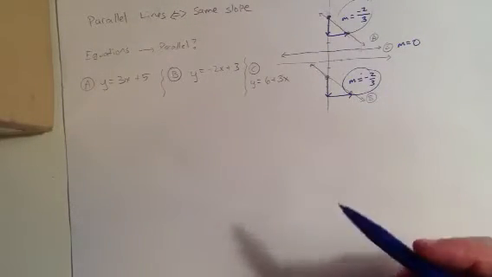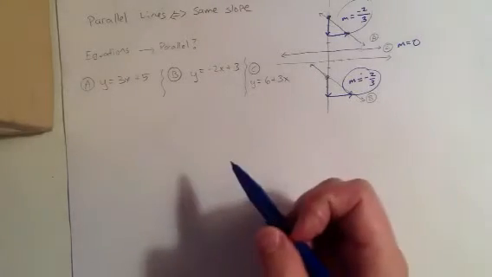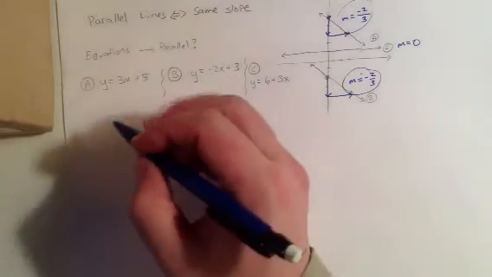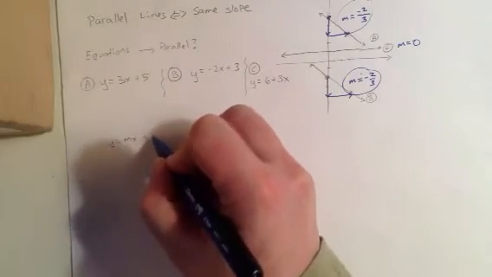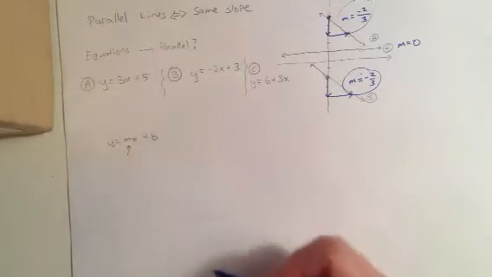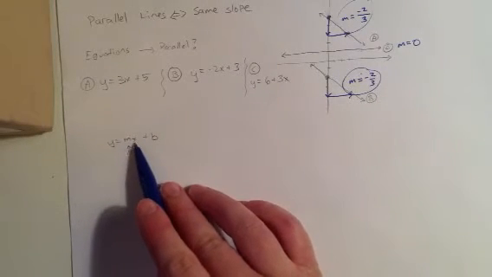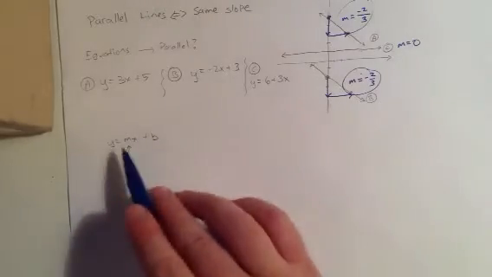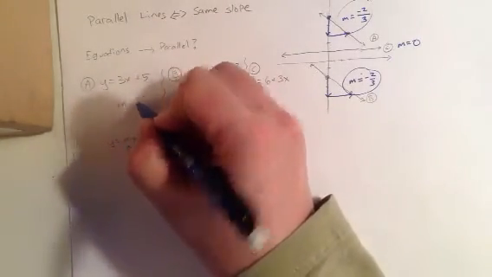So which lines are parallel? Well, they're the lines that have the same slope. So remember, slope we can find by looking at equations that are in y equals mx plus b form. And the m, the number in front of x, remember that's a number. So again, the slope is the number in front of x when you're in this form. So in this problem, my slope is 3.